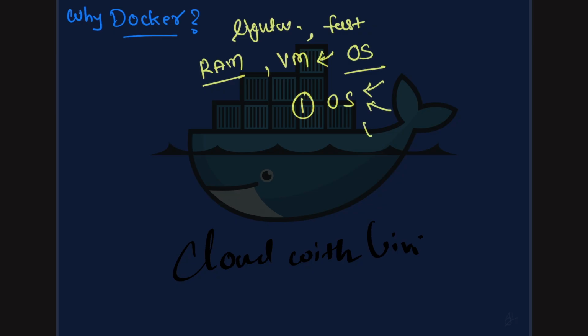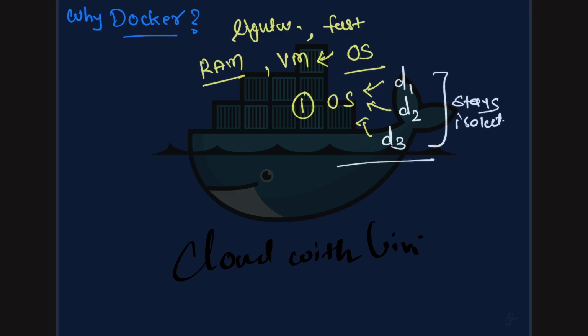On a single OS, you can use multiple Dockers, D1, D2, D3, which helps to consume fewer resources, and you can have multiple applications that stay isolated.